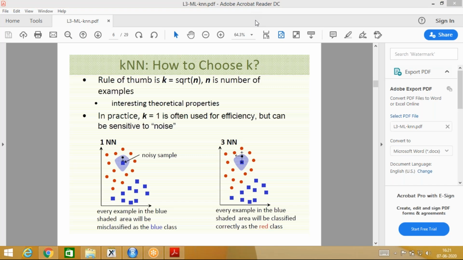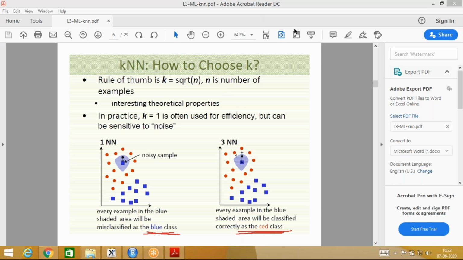So you see it is told here that it is misclassified as the blue class. And in the third, it is correctly classified as the red class. Yes, the second one is K equal to 3.